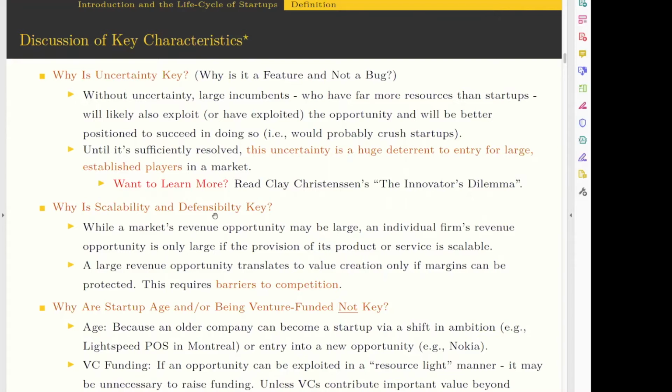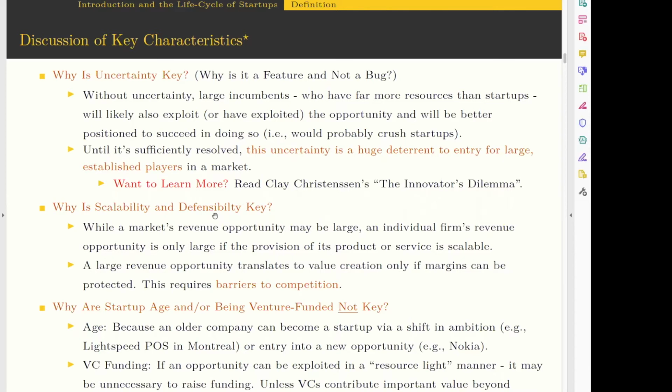And there's a bunch of business books that have been written on entrepreneurship that talk about why large incumbents avoid high uncertainty innovation. If you want one example of a very good book on that, there's a great book written by Clay Christensen. He was formerly a Harvard Business School professor. I think he passed away over the summer, actually. It's called The Innovator's Dilemma.